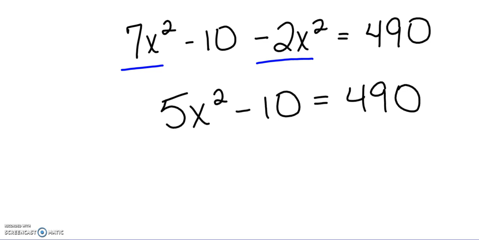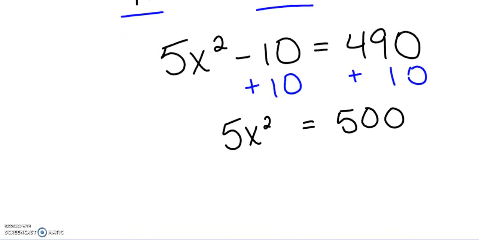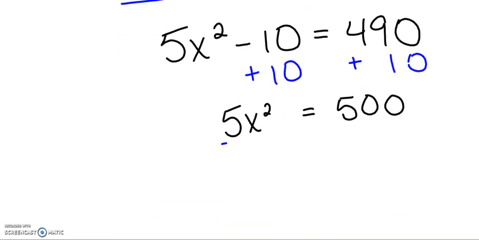Now I just go about my usual trying to get x squared by itself. So I want to get rid of minus 10 by adding 10. So 5x squared equals 500. Divide by 5.